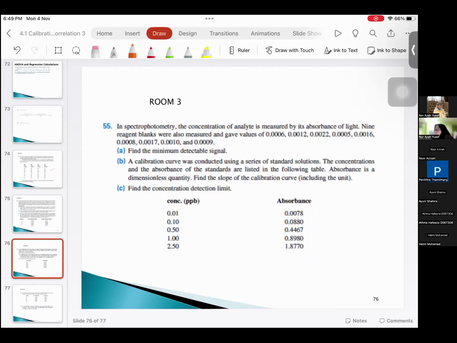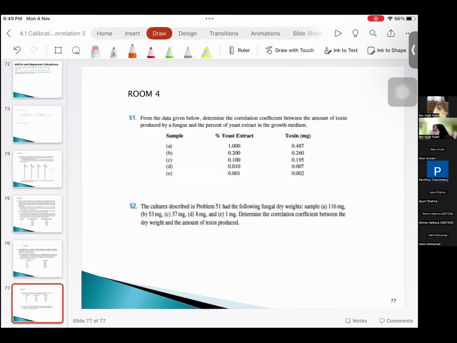If a calibration curve was conducted, it means that you have to show the calibration curve. Absorbance, find the slope. From the data given, determine the correlation coefficient. Whether you want to use Excel or manual calculation is up to you.